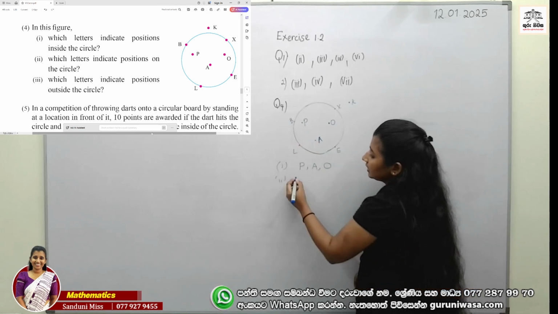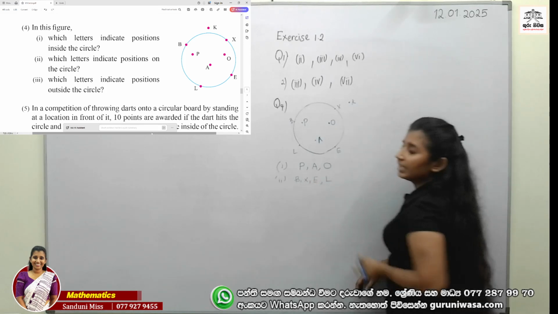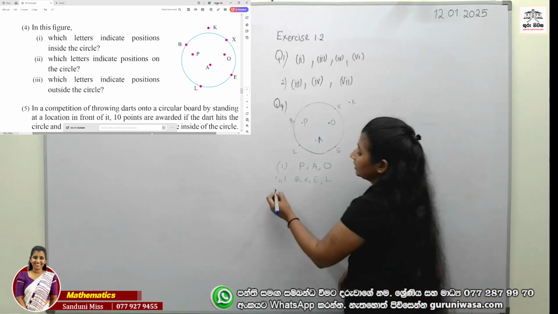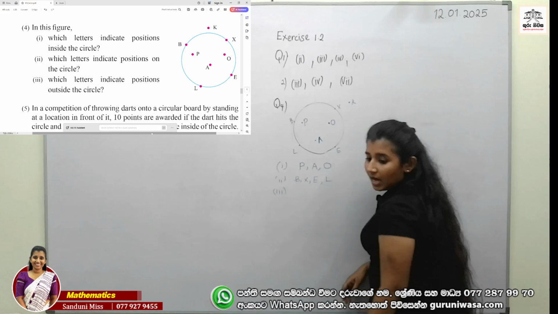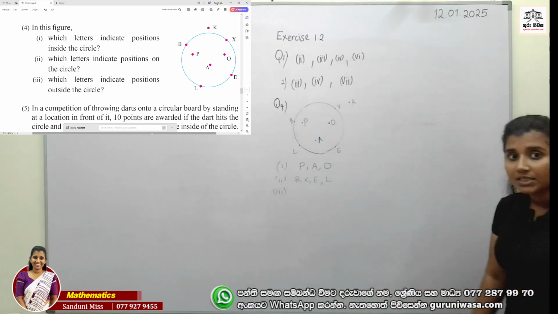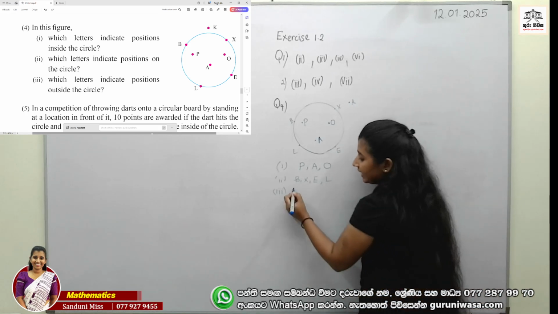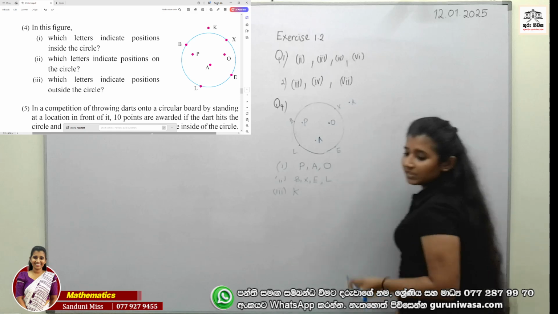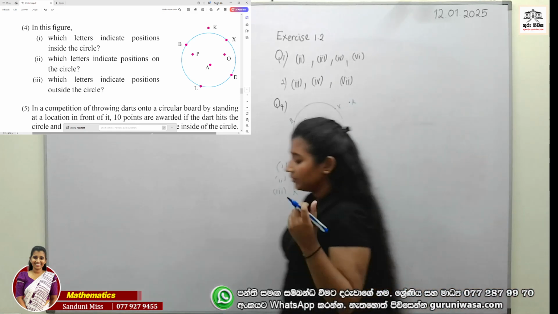On the circle, we have B, X, E, and L. The third part is the position outside the circle. What are the letters outside the circle? Only K is outside the circle. Right. Now copy down. We'll see the next question.